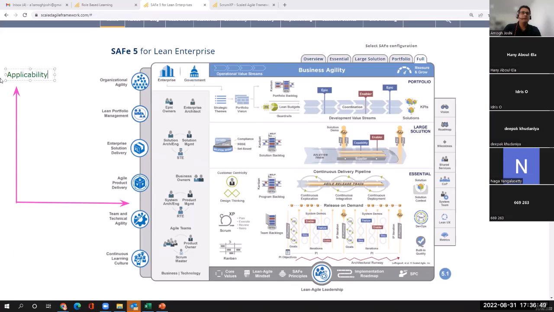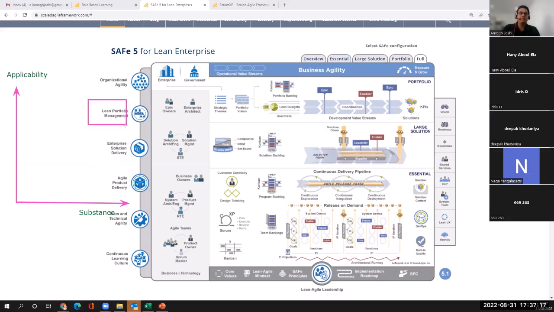High applicability on the top. And here, we have the substance. Substance means what help you get from the framework. So how much help or guidance the framework is providing. If you have this comparison, then what I see is SAFe is somewhere here.